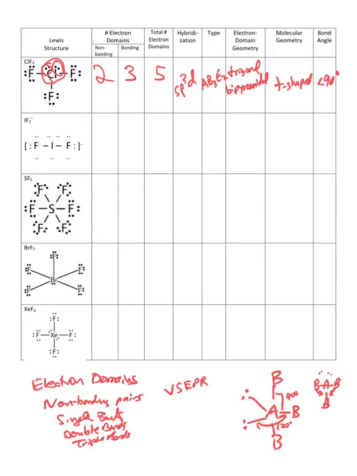Next one is a polyatomic ion, IF2-. Iodine is going to be my central atom. And around it, I've got 3 non-bonding pairs of electrons. We made 2 single bonds. Once again, we have 5 as our total number of electron domains. That means our hybridization is sp3d.